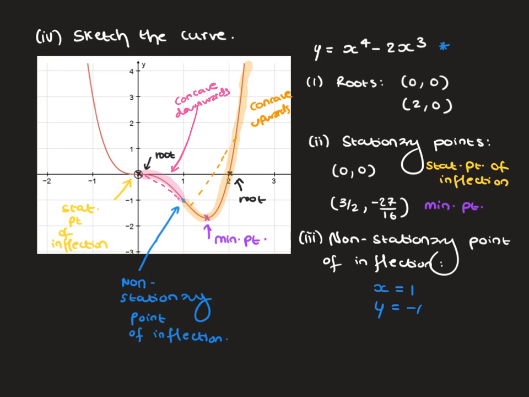Now, after x equals 0, or before x equals 0, there's then another shift. Have a look at this section of the curve. Can you see that if we do that, it becomes very clear that this section of the curve is also concave upwards.